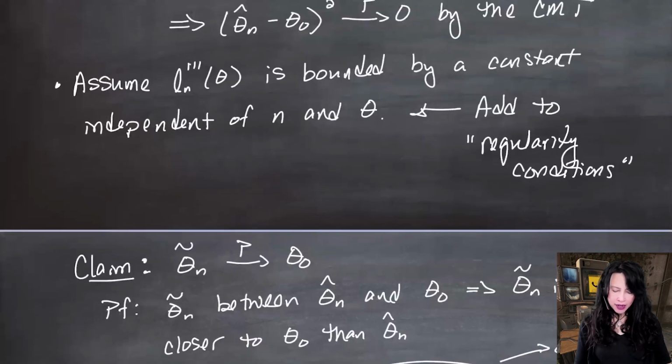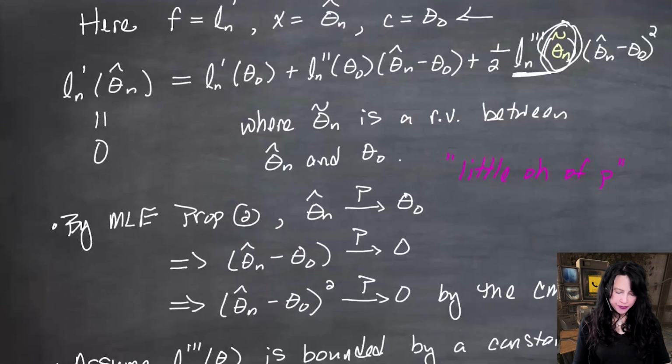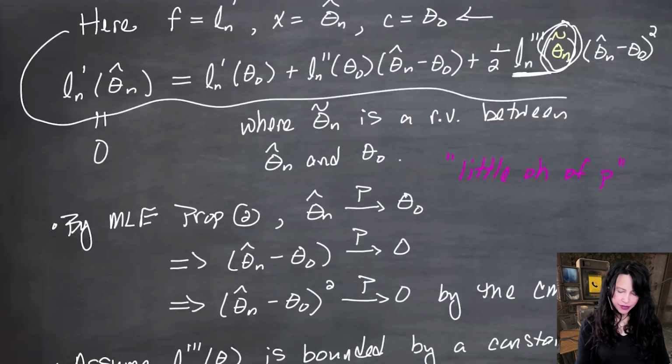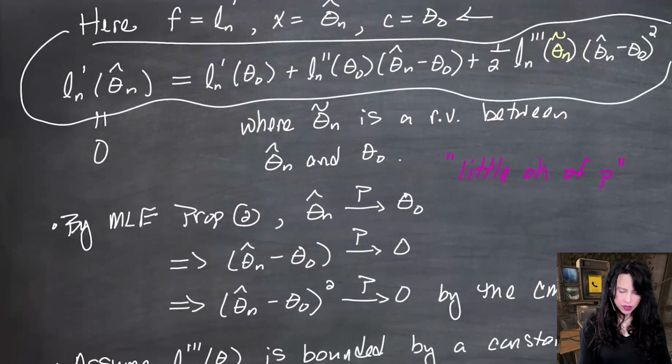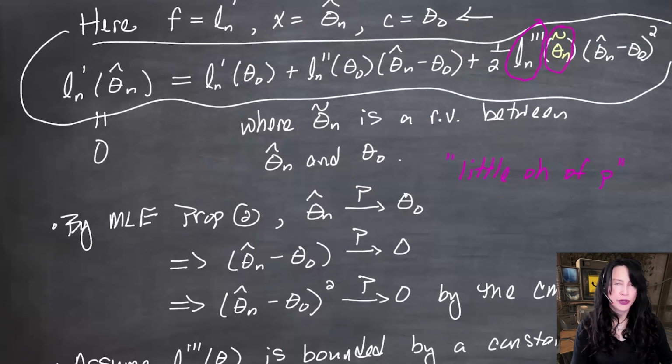Okay, so back up to our expression here. I've decided to make the assumption that this is bounded no matter what you plug into it, and for all n, and that this is not doing anything weird in terms of its convergence. It's going to a constant. So that's going to make this whole thing bounded.